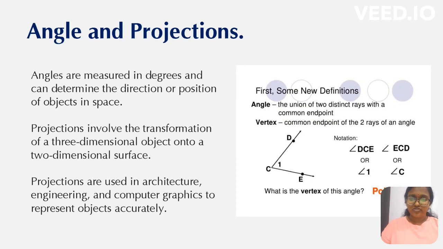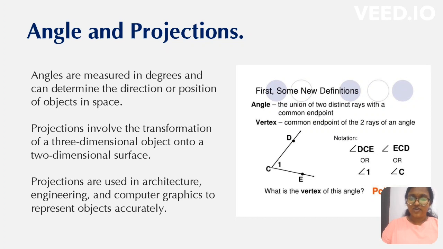Angle and projections. Angles are the measurement of the amount of turn between two rays or objects sharing a common endpoint. Angles are measured in degrees and can determine the direction and position of objects in space.